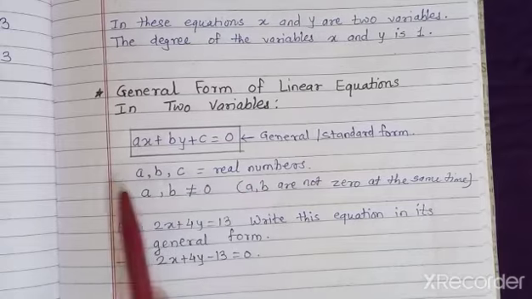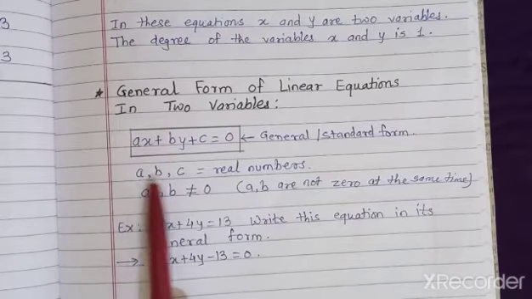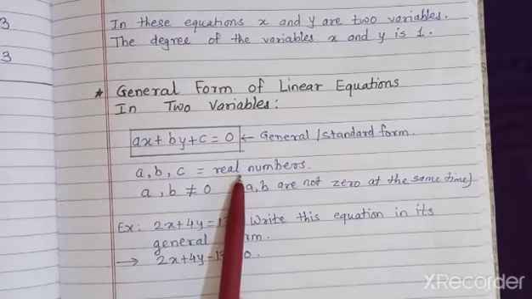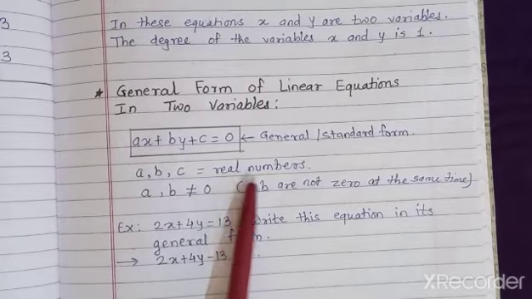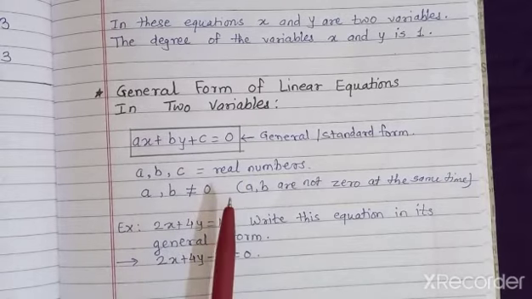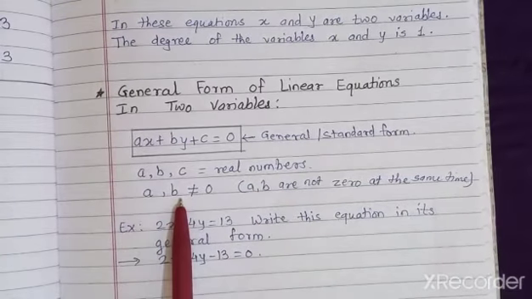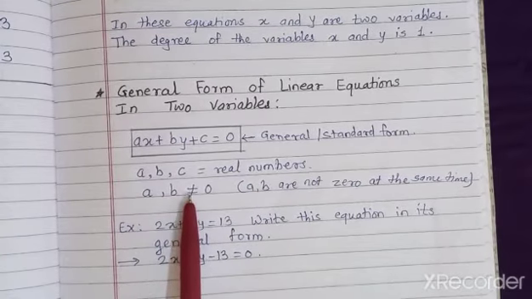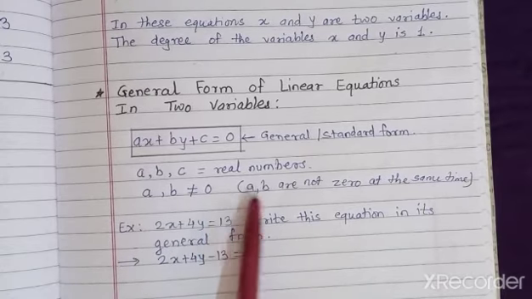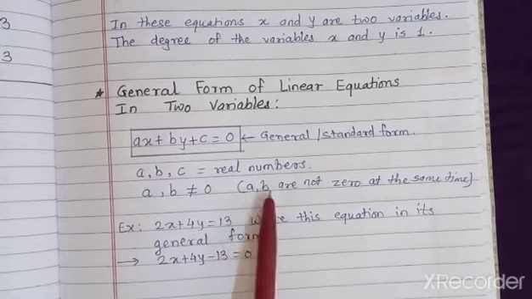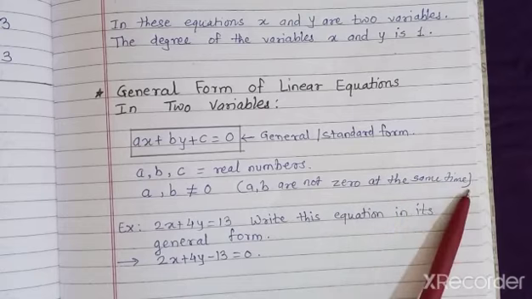What is meant by real numbers? Real numbers are the numbers which are present on the number line. It means negative, positive or 0. But the values of a and b are not 0 at the same time.